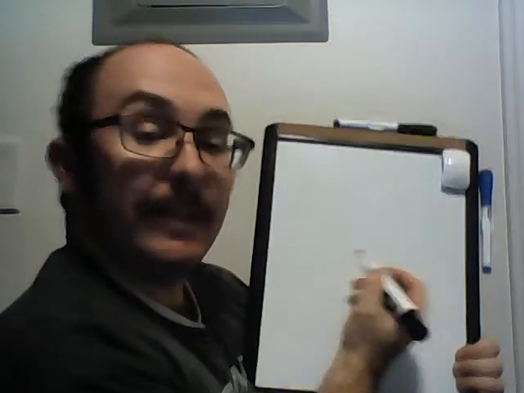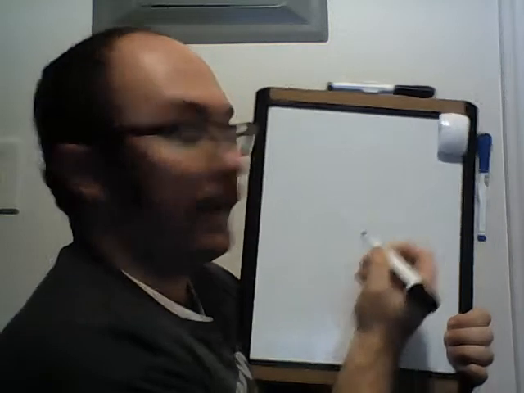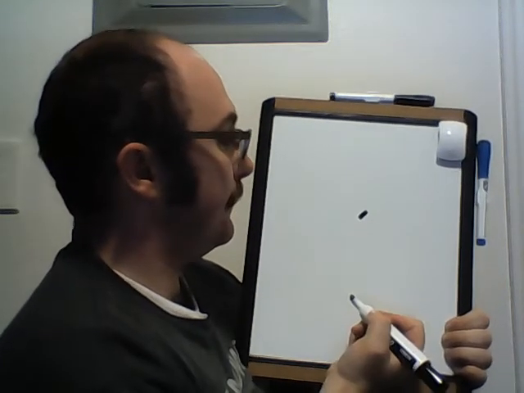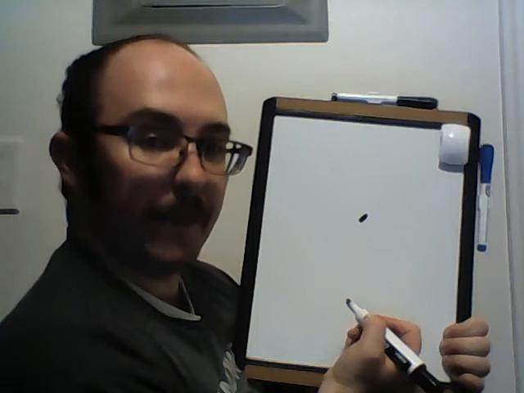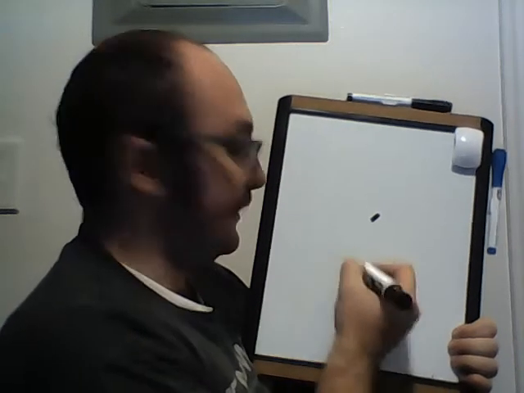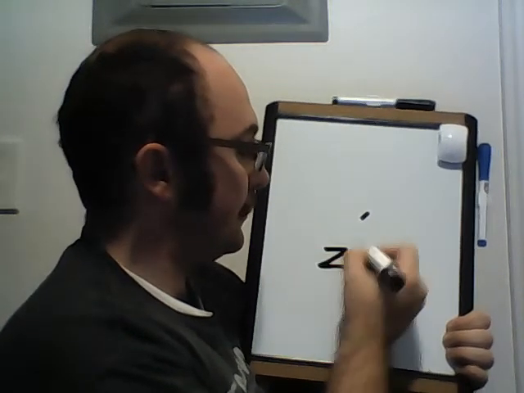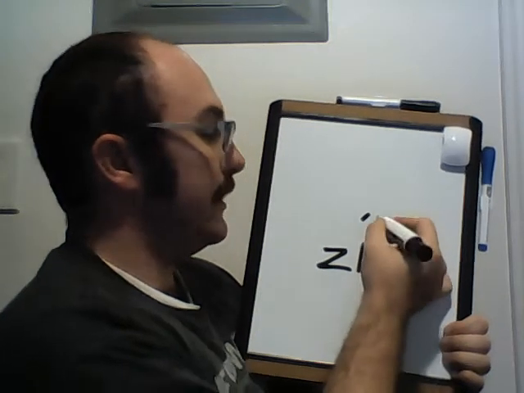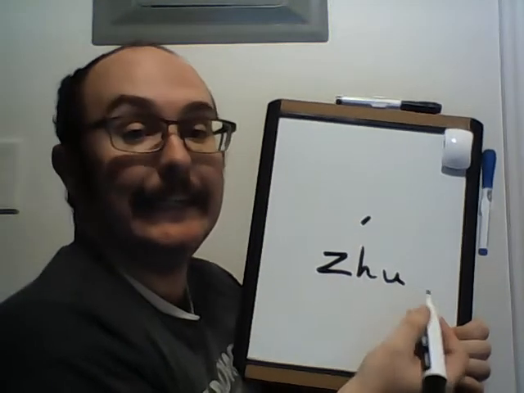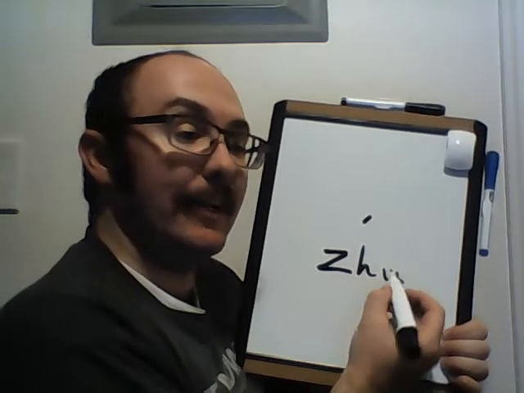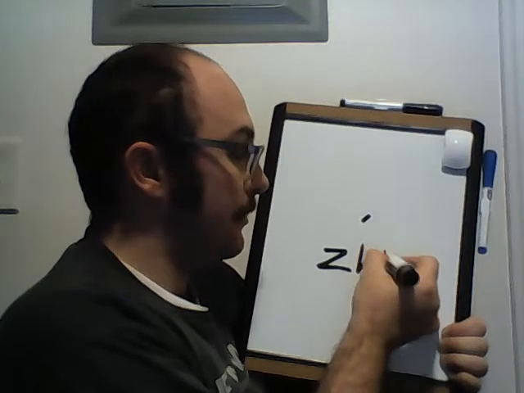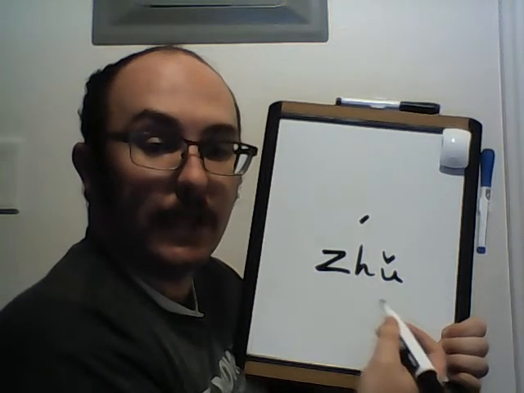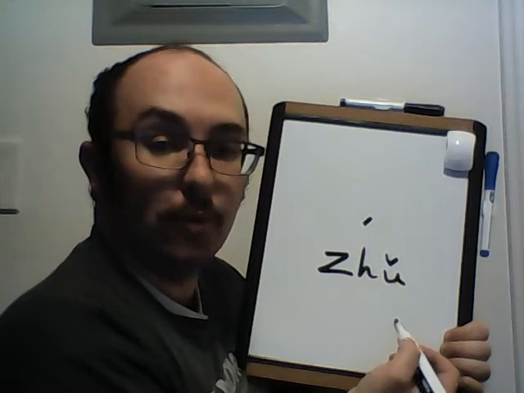Okay, so the third radical is like this. Yep, just that. So we discussed in the previous video, this stroke is a dian. This radical, however, is a zhu, Z-H-U, third tone, zhu.